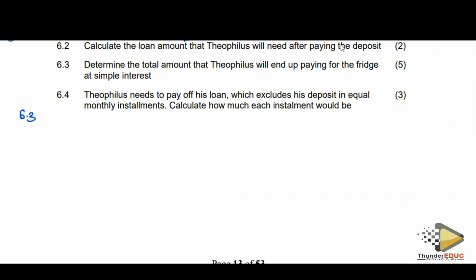Question 6.3. We are looking at the total amount paid at the end of the 2 years. So first and foremost, you look for the outstanding balance, which is the loan amount that you have already in 6.2.